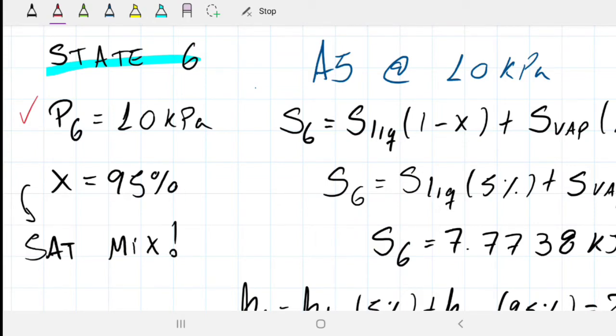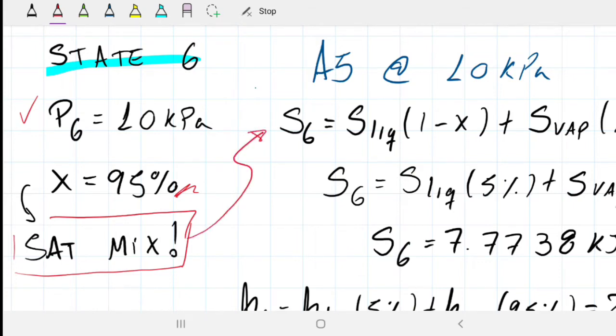Therefore, my quality is 95%, and because I have a quality, because I have this mixture, this state is a saturated mixture, right? If it's a saturated mixture, then we know all the properties are going to be a mixture as well. Right, so entropy, enthalpy, specific volume, and so forth, they're all going to be a combination of the liquid and the vapor according to how much we have of each.